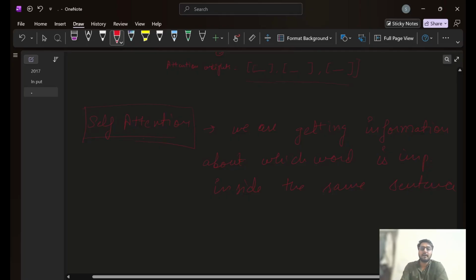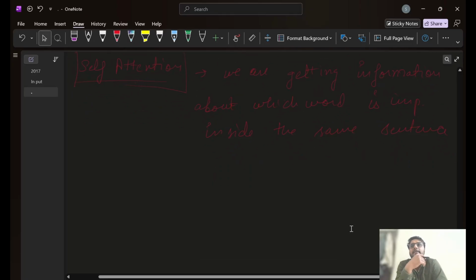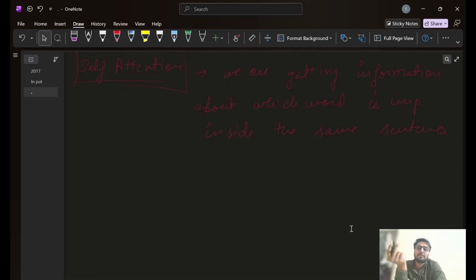Okay, now we understand that by using the query, key, value vectors, we get some information about which word is important inside the same sentence. Now coming to what is multi-head self-attention. See, self-attention is very powerful, but it also has one limitation.